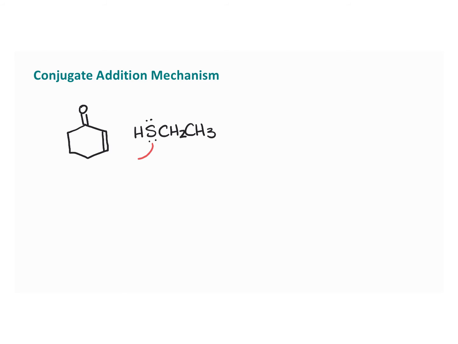These electrons are going to come in and they're going to attack the beta carbon there. When that occurs, these electrons are going to go here and those electrons are going to go up on the oxygen. So that's nucleophilic addition.